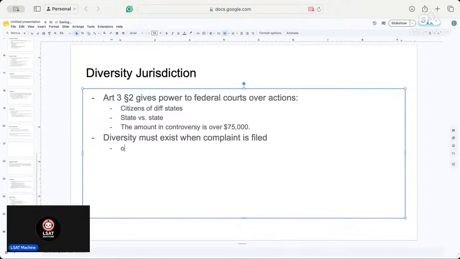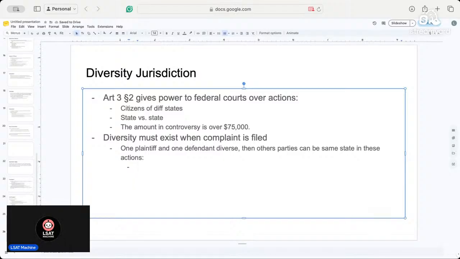You can have one plaintiff and one defendant diverse, then other parties can be the same state in these actions.